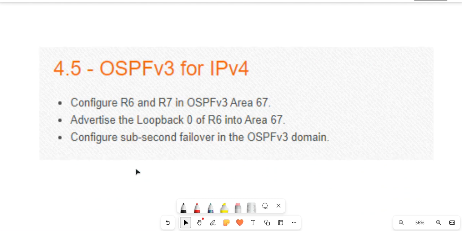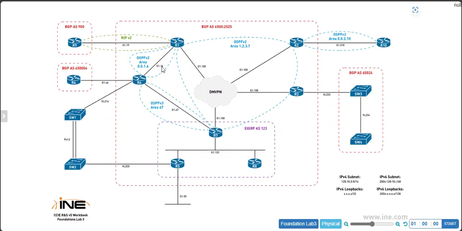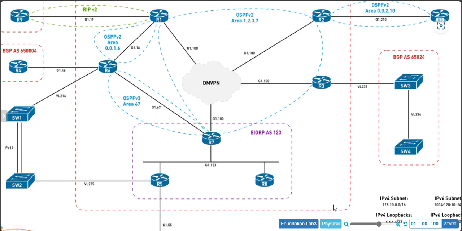Configure OSPF version 3 on R6 and R7 in area 67. Let's see the topology: we have to configure OSPF version 3 between 6 and 7, and it is area 67.